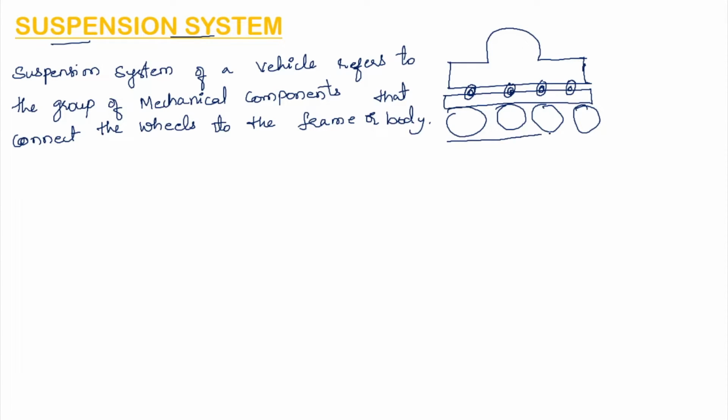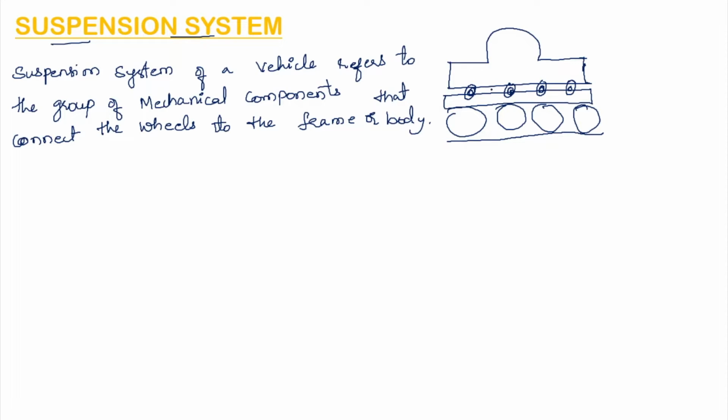So when the road is uneven, then the vehicle may bounce, it may roll or it may sway about. So there will be shocks which will be formed because of this bounce, pitch, roll or sway. If these springs are not present, then there will be road shocks which will pass to the body of the vehicle and the passengers who are seated inside the vehicle.